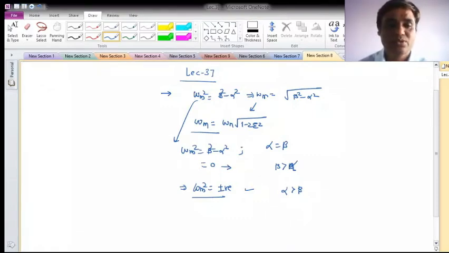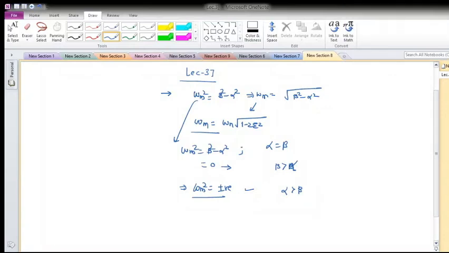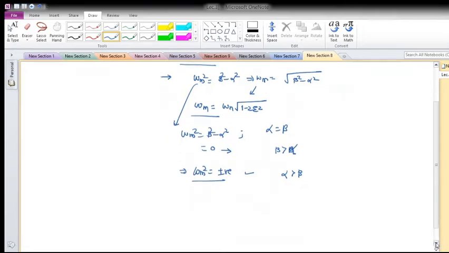Next we will see what can be done when the beta value is greater than alpha. This can be seen by drawing the magnitude response.